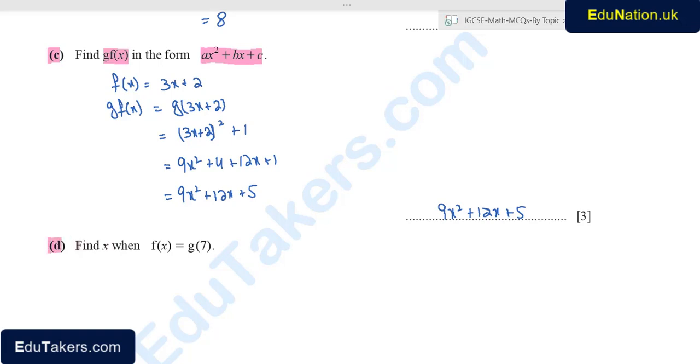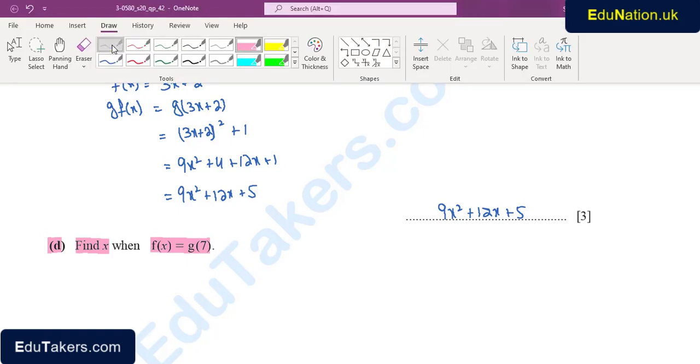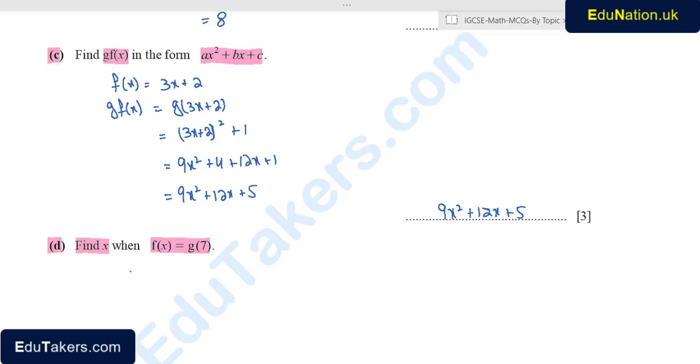Part D, find x when f of x is equal to g of 7. f of x is 3x plus 2 equals g of 7. g of x is x square plus 1, so g of 7 will be 7 square plus 1.